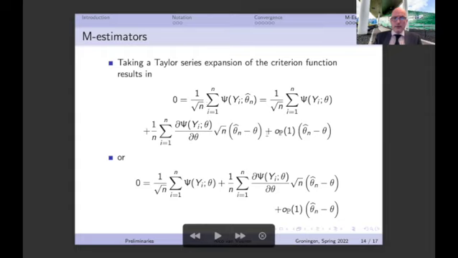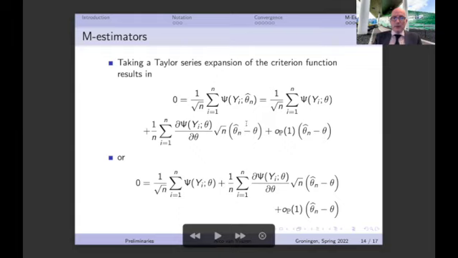And the reason that this is really nice is that what I actually want to do is get the asymptotic distribution of this estimator theta hat that we have over here. That means nothing else than that I would like to get the asymptotic distribution of the term square root of n multiplied by theta hat n minus theta.